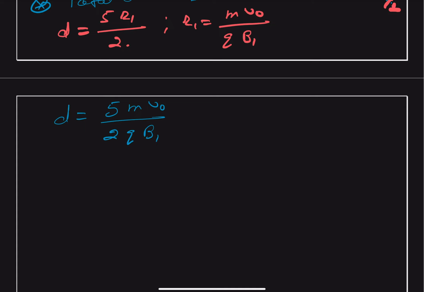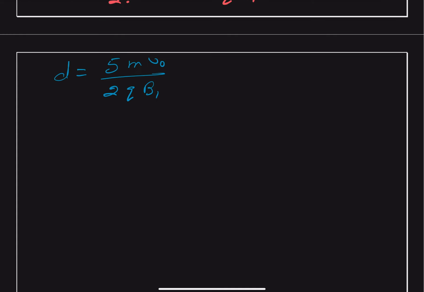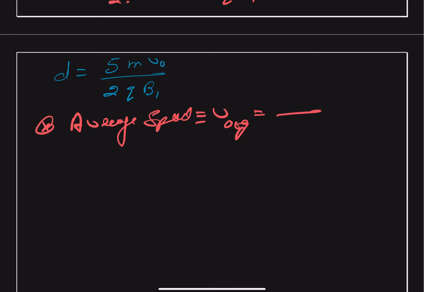So the average speed will be equal to v average, and this we have as d upon t. We simply substitute the equations we just found out.